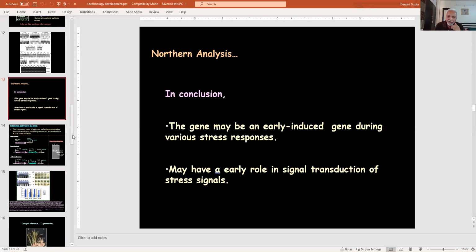So now it means we have a gene in hand which is differentially expressing under different signals. And so we have a candidate in hand, basically, which can be further validated for its linkage with a phenotype, in this case, say abiotic stress tolerance.